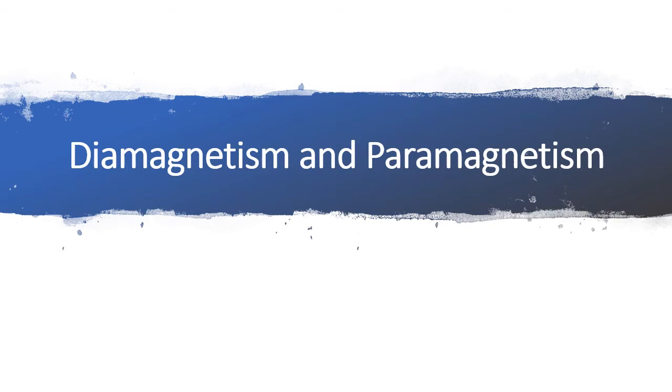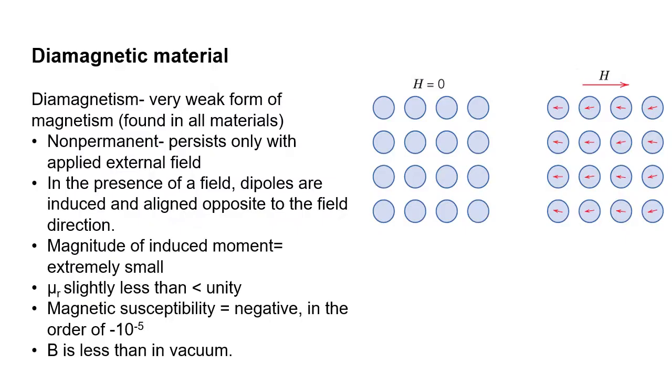Diamagnetism and paramagnetism. The material that shows diamagnetism properties, we call the diamagnetic material. Diamagnetism, the very weak form of magnetism found in all materials, is non-permanent and persists only with an applied external field. In the presence of a field, dipoles are induced and align opposite to the field direction.